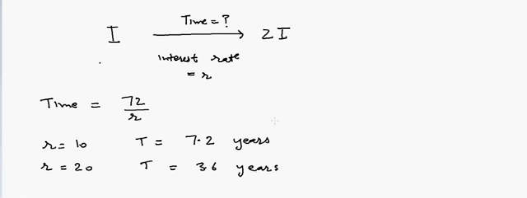So how does this rule work? Let's try to solve this problem in a regular way. In the regular way, we know that suppose we have investment I, and we have interest rate 1 plus R, and we invested for T years.